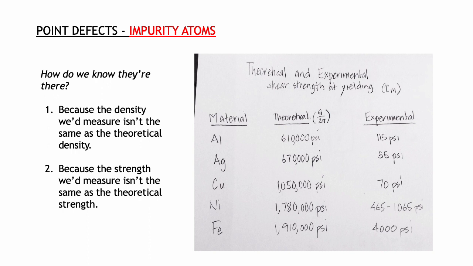And when you do that, you get a theoretical value for strength that's 1,000 times bigger, sometimes 10,000 times bigger than the actual value. And so I just have on this slide some examples of a theoretical calculation for shear strength versus an experimental value.